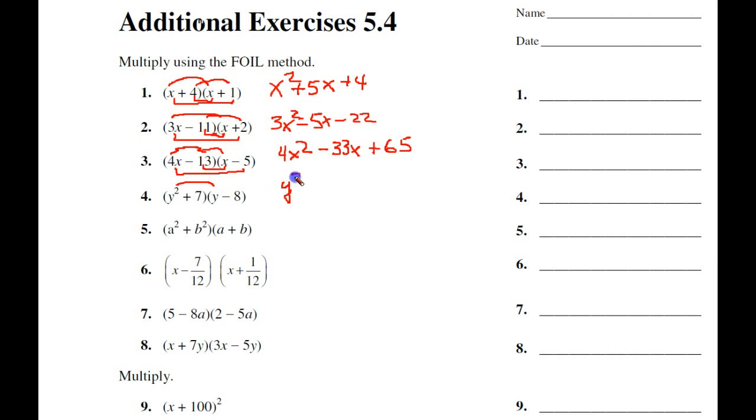This is y to the third. My outers, a negative 8y squared. My inners, a positive 7y. And my last, a negative 56. And again, this is through a FOIL, but I'm not sure we're going to get like terms.